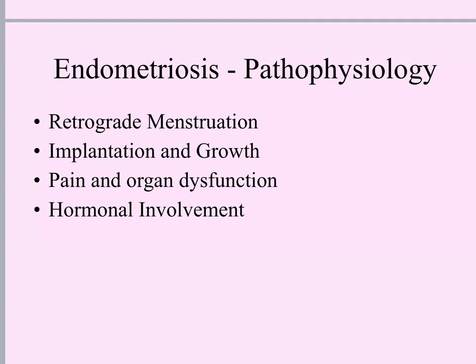And then when estrogen and progesterone do their thing every month, those cells start to thicken and break down and bleed. But that blood has no way to exit the body because it's not leading out of the cervix. So that trapped blood and repeated bleeding cycle causes inflammation and irritation.